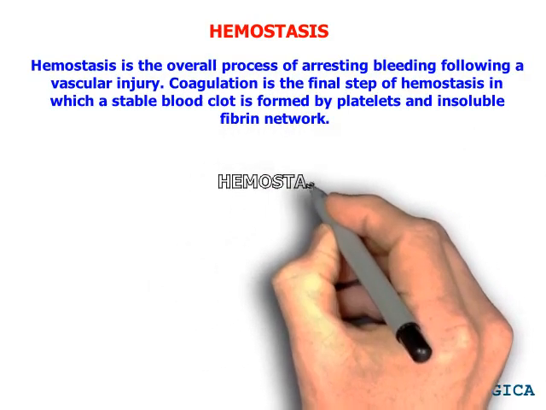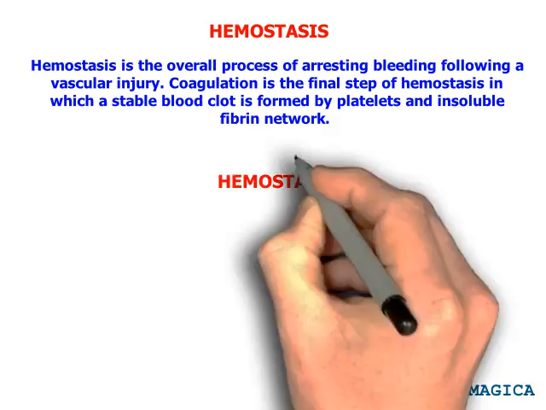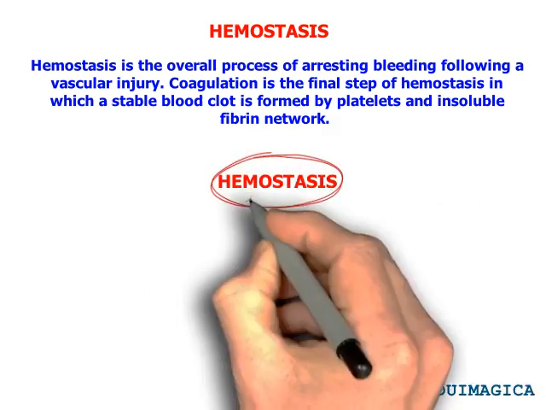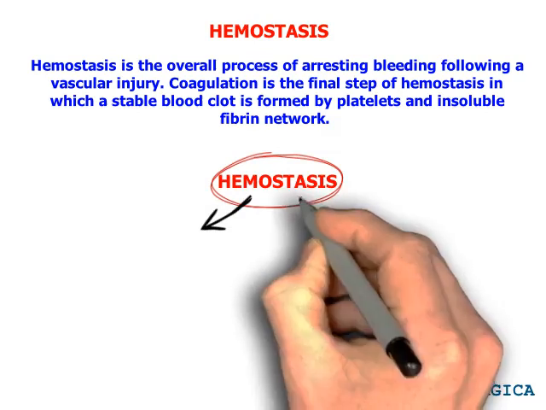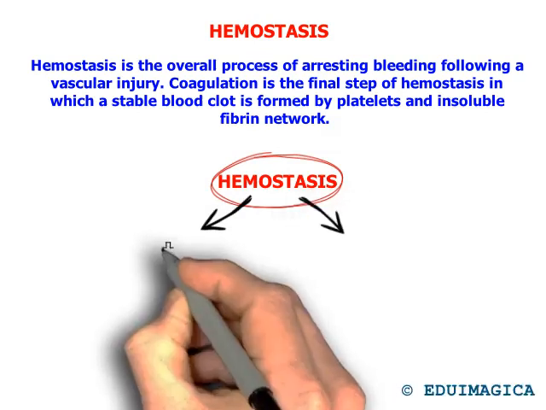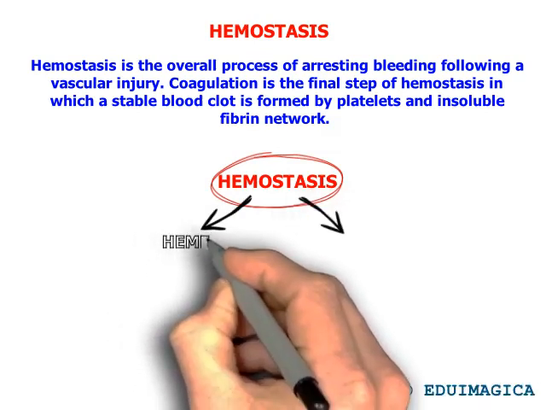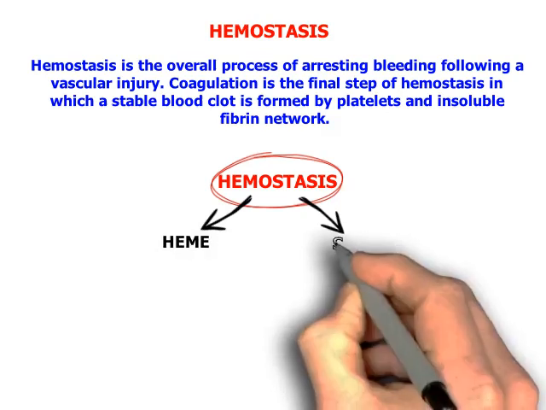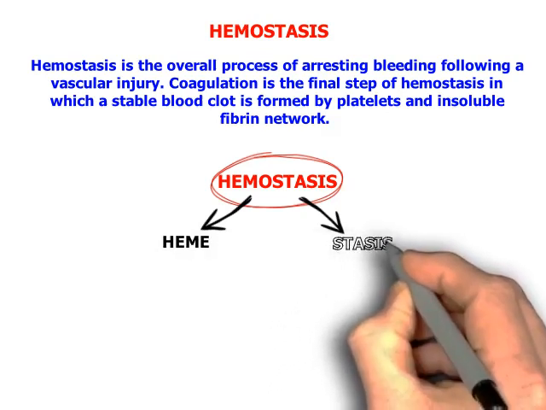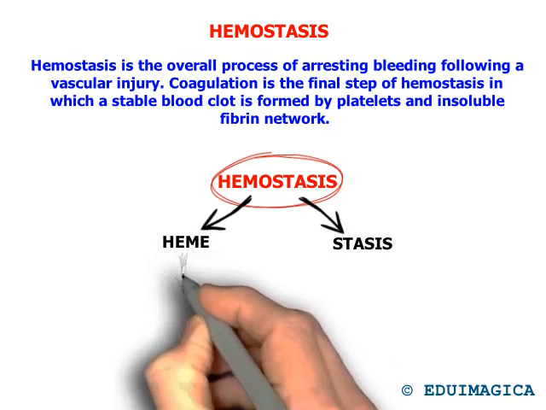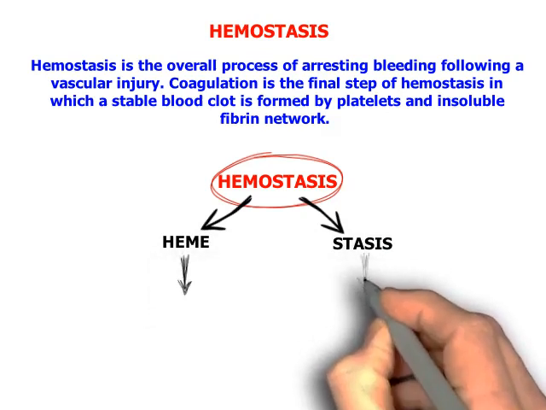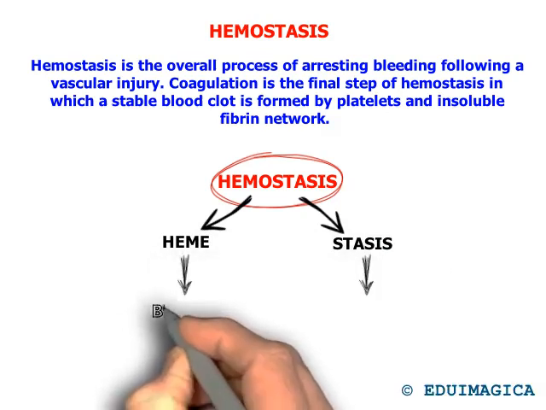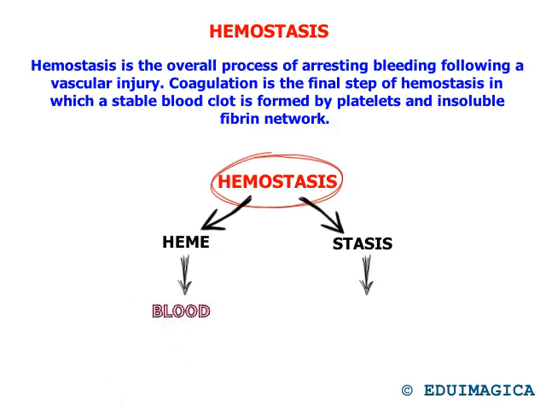Hemostasis is composed of two words: the first is heme and the second is stasis. Heme means blood or hemoglobin and stasis means to stop. So we can say that hemostasis is a process to stop bleeding or to stop the flow of blood.